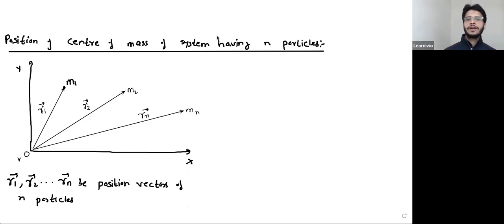Next, we have to locate the position of center of mass. So the center of mass of the system will lie somewhere in between these masses. Let's say center of mass is lying here. If center of mass is here, then from the origin, the position vector of the center of mass is R. This capital R is the position vector of center of mass. Position vector means separation of this point, center of mass, from the origin.